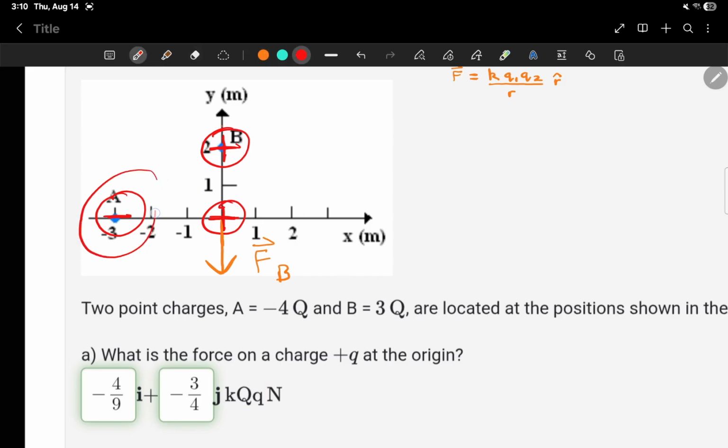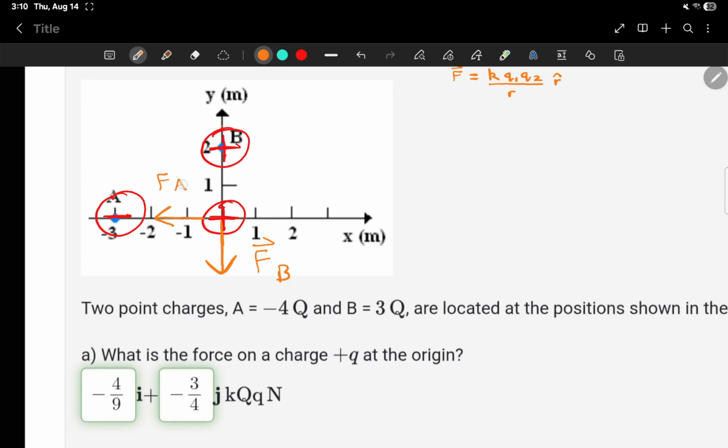Now we have a negative charge, which is A, and the positive charge again at the origin. Their signs are opposite, so they actually attract. So what that means is that positive Q has a force pointing this way.